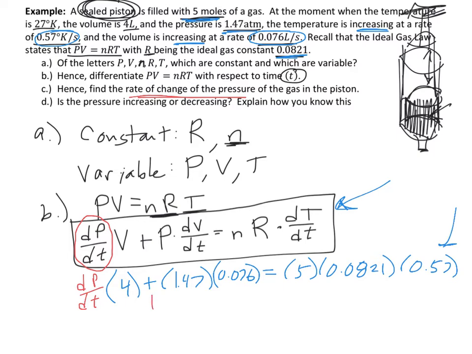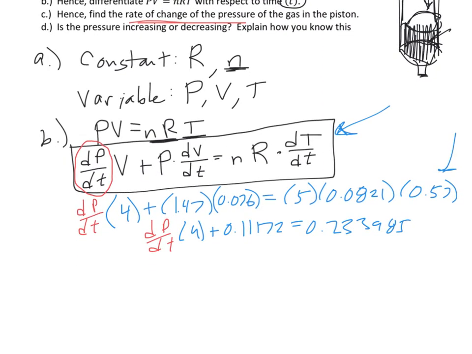All right, so I got here that dP/dt, the thing that we want to solve for, times 4 plus 0.11172 has to equal 0.233985. If I move this thing over to the other side, I get 4 times dP/dt is 0.122265.